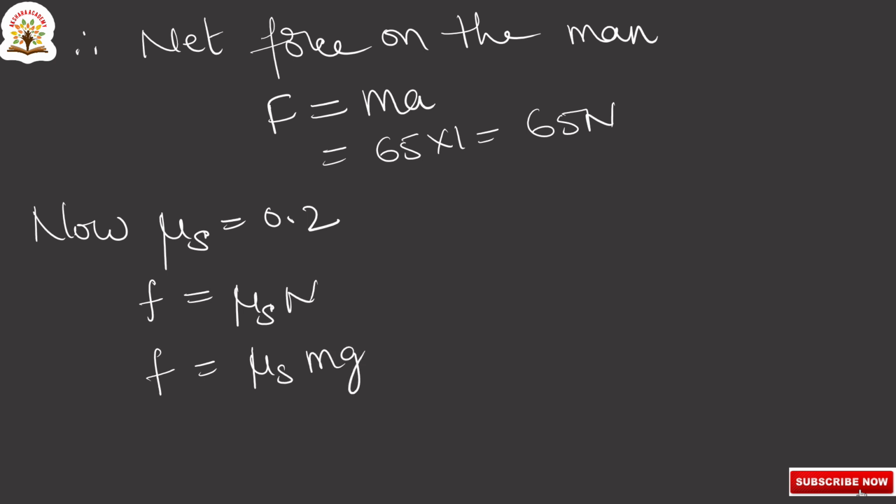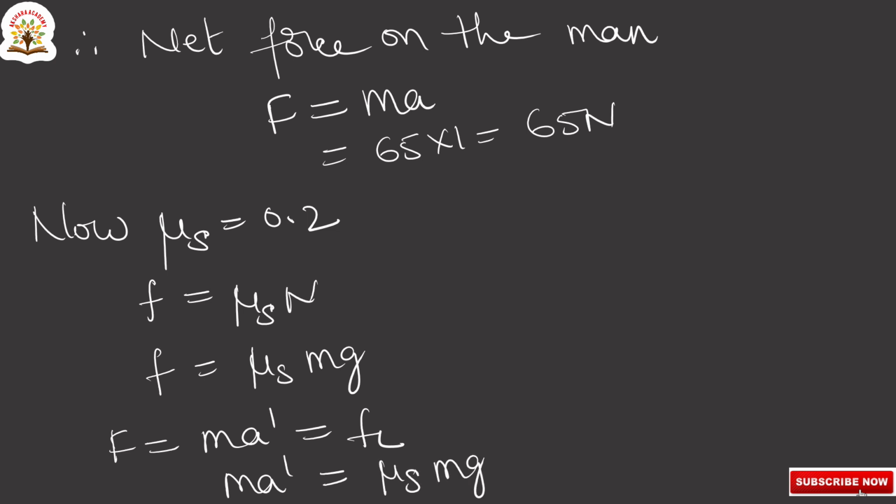If the man remains stationary up to the maximum acceleration of the belt, then F is equal to ma dash, that is equal to Fl. So ma dash is equal to F, which is nothing but mu s into mg.